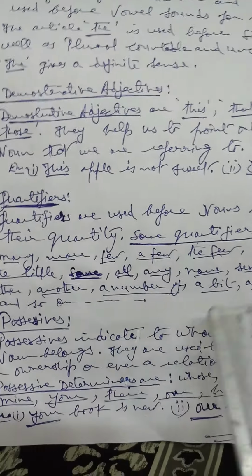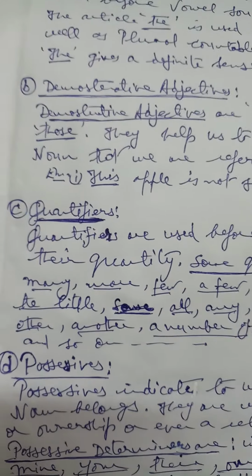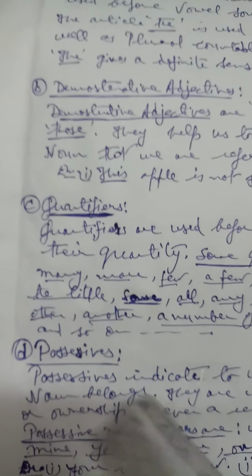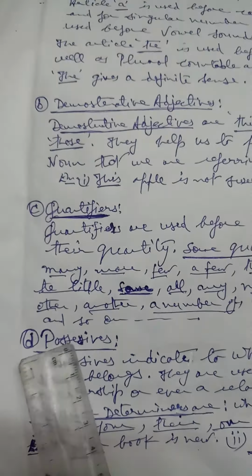These quantifiers show the quantity of the noun in a sentence, and they are known as determiners because they determine the quantity of the noun.